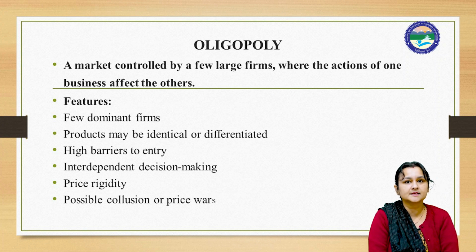Since a very small number of firms control most of the market, the car industry clearly reflects the characteristics of an oligopoly. So all the features of oligopoly are present in the car industry.